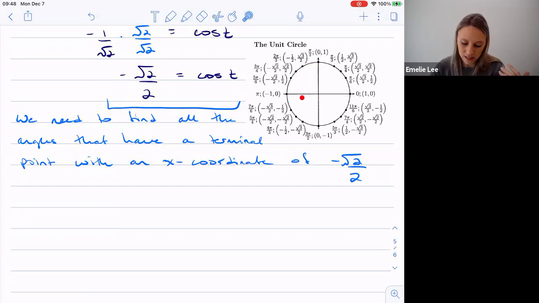I'm going to scan here, and I notice that 3 pi over 4 gives me an x value of negative root 2 over 2, but also 5 pi over 4 gives me an x value of negative root 2 over 2. So I actually get two points, here, this one and this one.